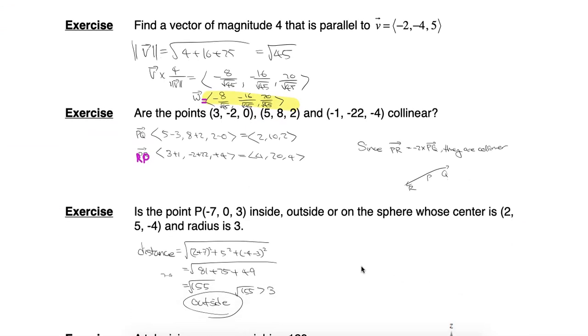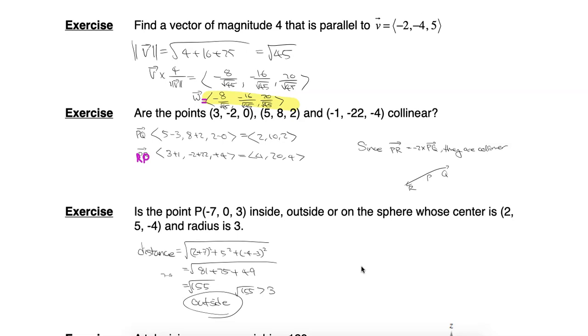So a little exercise puzzle here. How would you find a vector that has magnitude 4 and is parallel to -2, -4, 5? The way to do that is to make an intermediate step where you find a unit vector parallel to v.